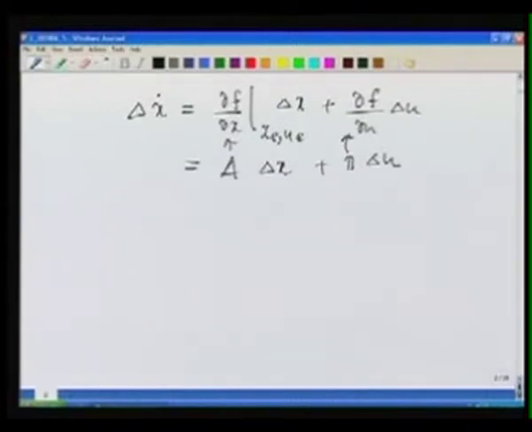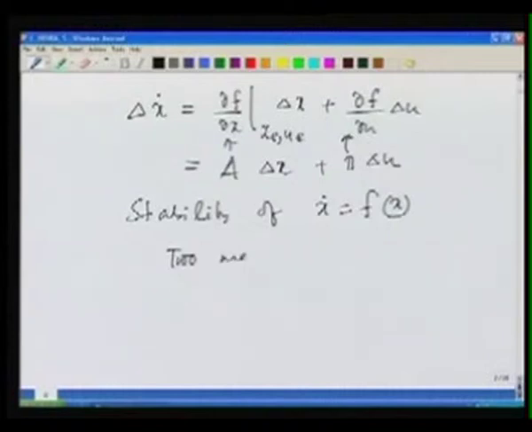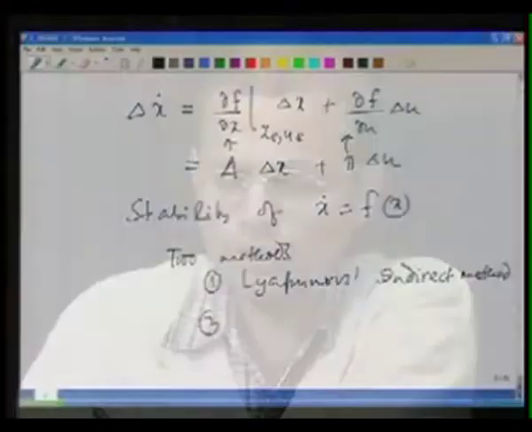So, for stability of x dot equal to f x, there are two methods we discussed: one is Lyapunov's indirect method and two is Lyapunov's direct method.